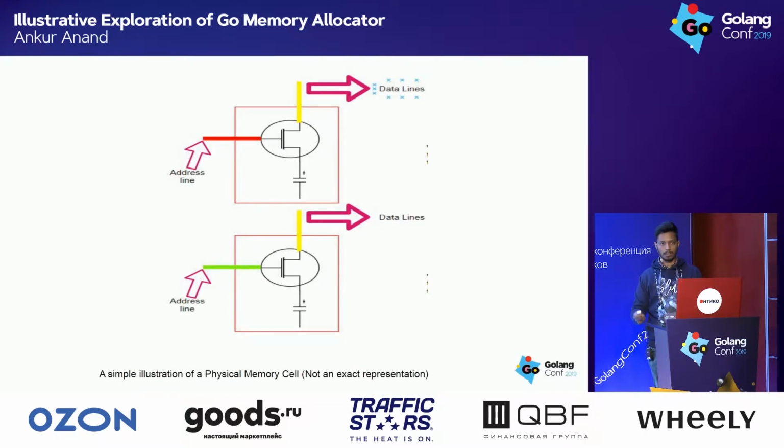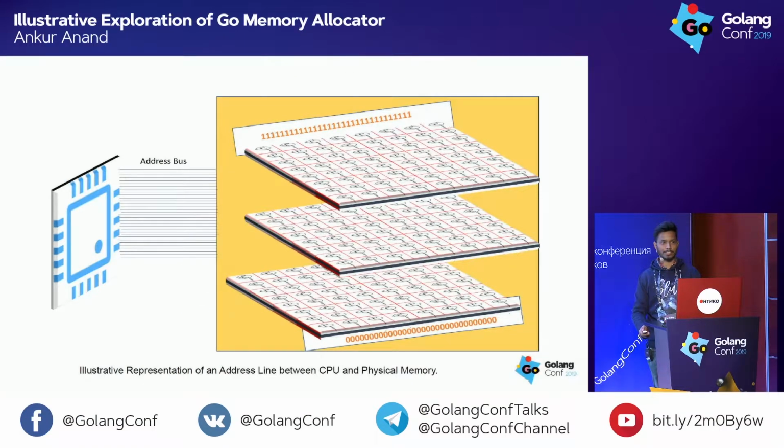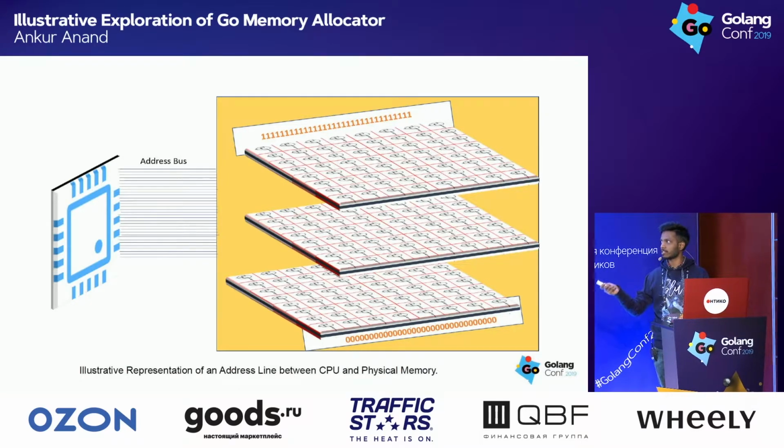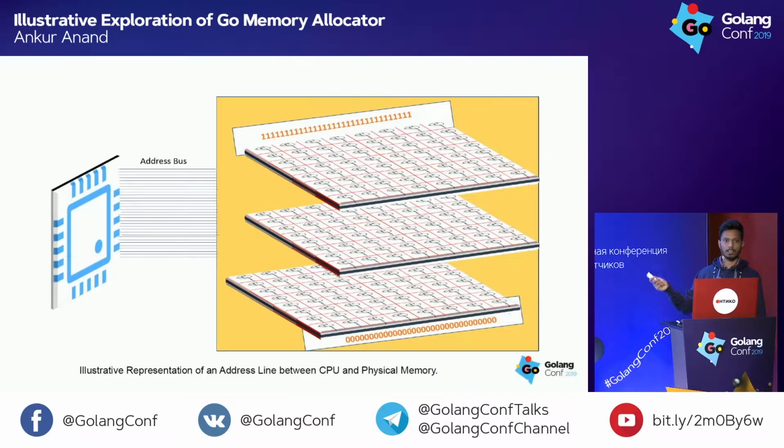But are we using this 1 bit? No. This is what our RAM looks like. We have the CPU that places the address on the address bus. Depending upon the address bus size, we have the pointer size. If we have a 32-bit address, we will have a pointer size of 4 bytes. If the address is 64-bit, we will have a pointer size of 8 bytes.